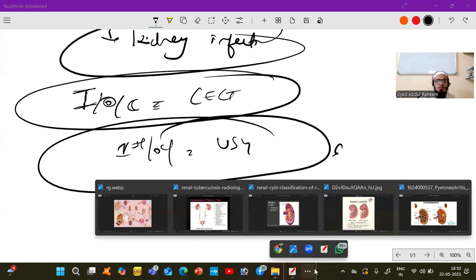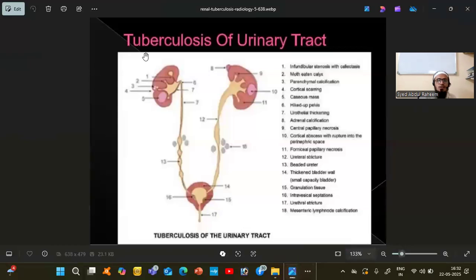The next common disease is tuberculosis of the urinary tract. These are the areas where tuberculosis occurs, and you can see it radiographically. In the kidney region, stenosis occurs, and the calyx becomes mouth-eaten.